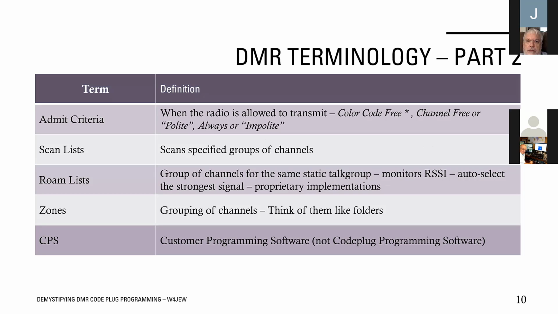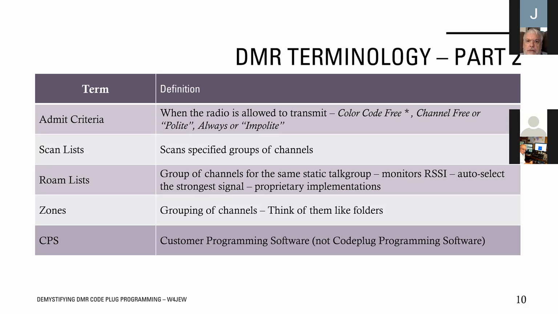So when you key up on DMR radios, there's actually a very small amount of data that's exchanged between the radio and the repeater before the squelch even opens, or before you're even allowed to handshake with the repeater. And one of these is admit criteria. One of the things that is enforced on a channel is what's called admit criteria.